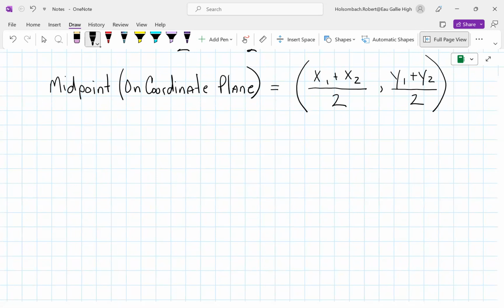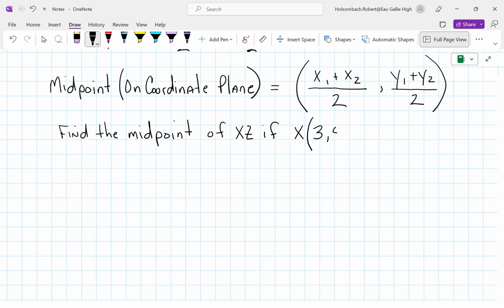So if you're finding the midpoint of XZ, if X is at 3, 5 and Z is at -7, -8.